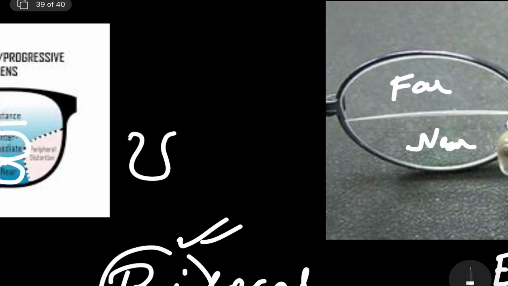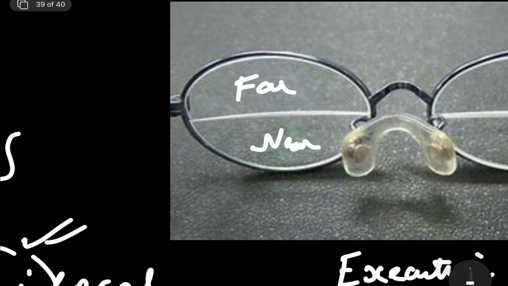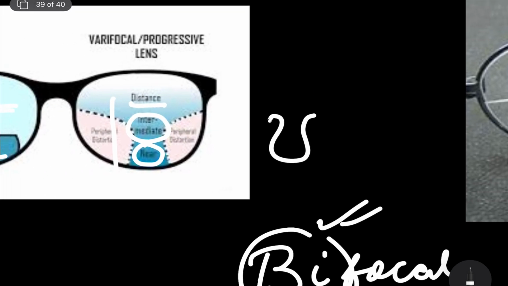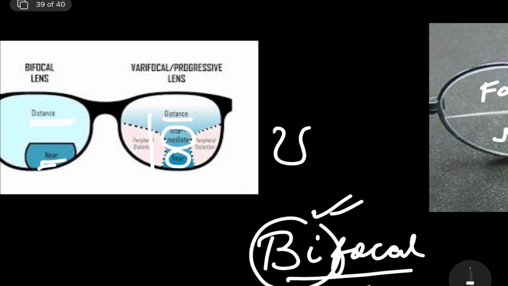They're not as good as these, just two lenses stuck together for far and near, and that was what used to be used in the past. Now, we have better bifocal lens and varifocal or progressive lens. So that is how we treat presbyopia.